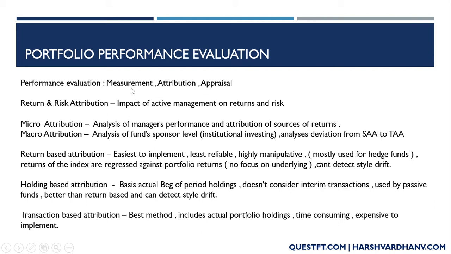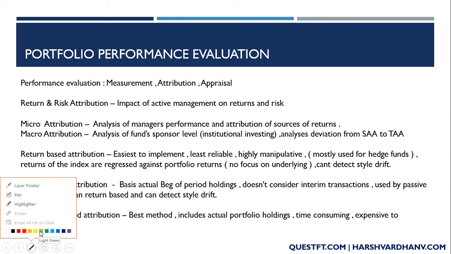So first thing, measurement is something that we will come back to when we do the computation of the portfolio with an example. The return and risk attribution is the impact of active management on returns and risk. So return attribution is basically breaking down the returns into allocation, selection, and interaction effect. And risk attribution is how much risk active management has contributed to the overall risk.